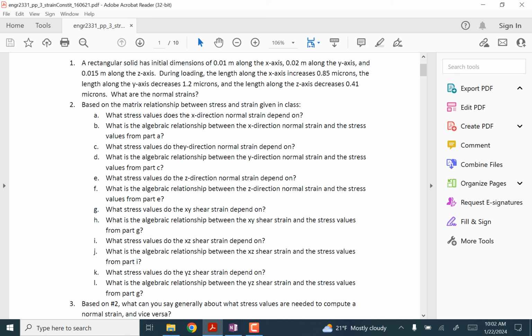All of these questions are kind of asking, what if you didn't know the whole Voigt stress, but all you wanted was the X Voigt strain, normal strain? What's the minimum number of values that you need in order to calculate that? That's sort of what this is getting at.